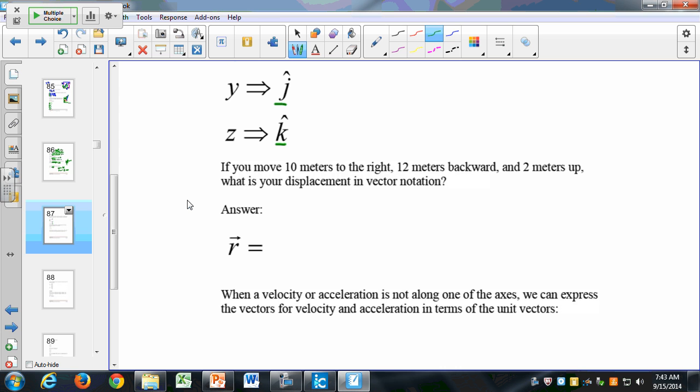So if I had a vector 10 meters to the right, 12 meters backwards, and 2 meters up, how would you represent the displacement in vector notation with ijk notation? Your x component is what? Plus or minus 10? Is plus 10. All right, so I'd say plus 10i. And then how would I write the other two parts?